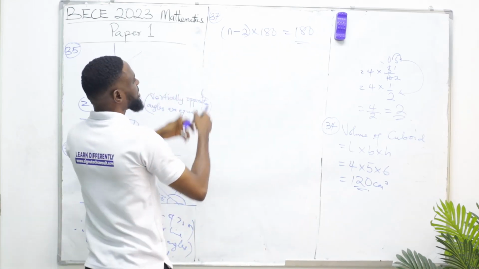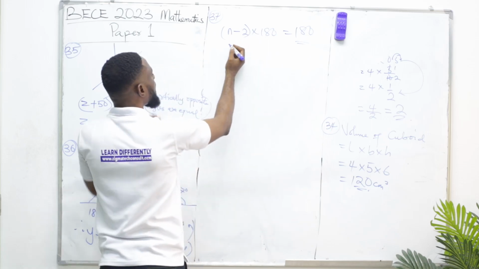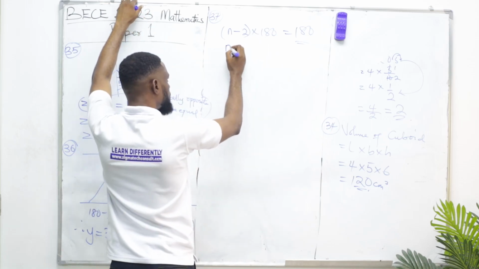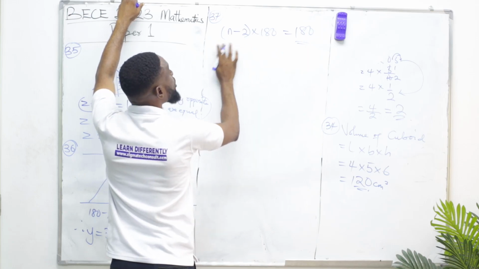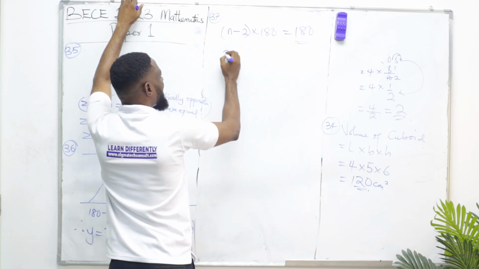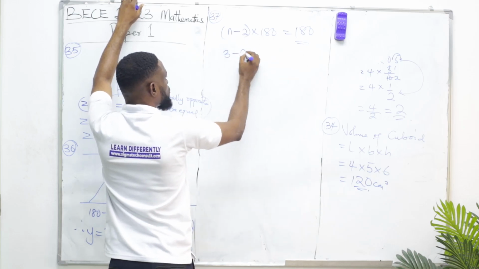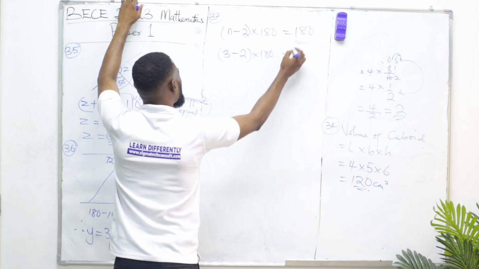Okay? So what it means will now be that n minus 2, n will now be equal to 3. That is just what we are saying. Because n being 3, minus 2, okay, times 180 is what can give us 180.